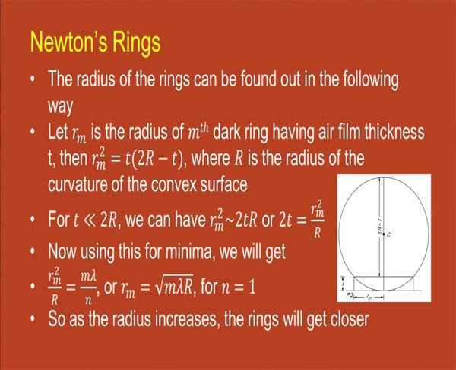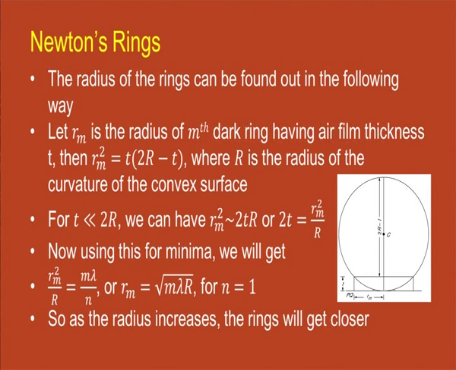Let Rm be the radius of the mth dark ring having air film thickness T. Then Rm square is equal to T into (2R minus T), where R is the radius of curvature of the convex surface.